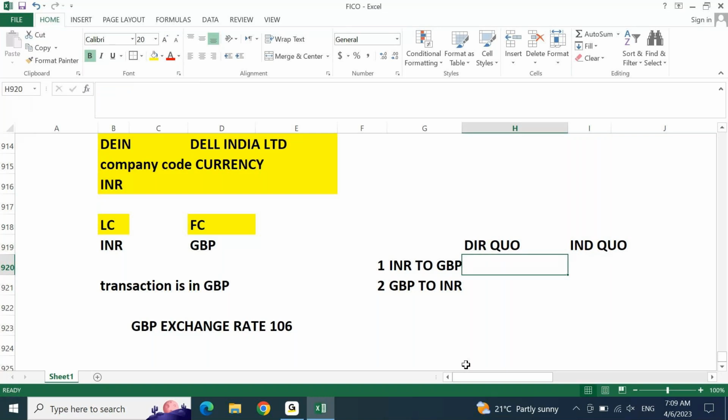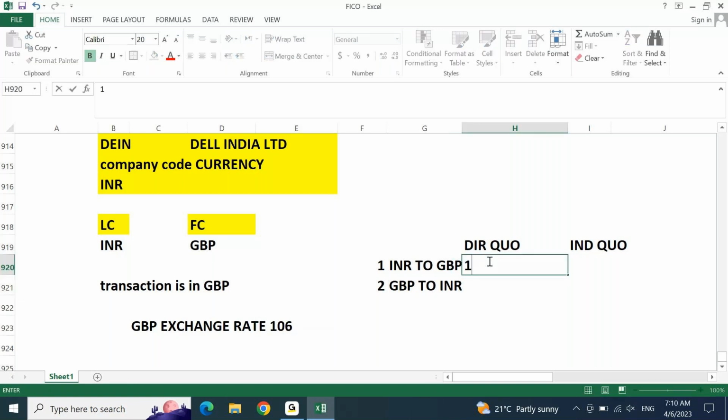Direct quotation is updated in which scenario? Indirect quotation is updated in which scenario? In short, in both you are going to update 106 only, but 106 will be in the direct quotation of which case, and in the indirect quotation of which case? INR to GBP, correct quotation, 106 will be here.